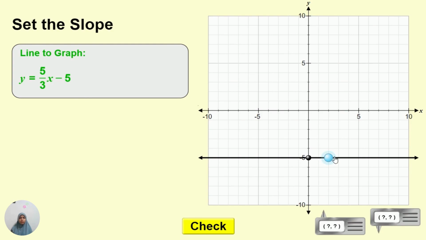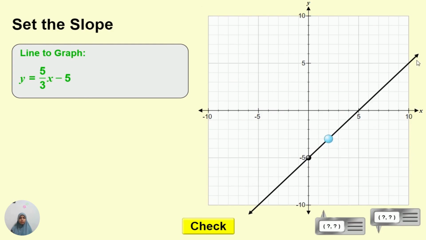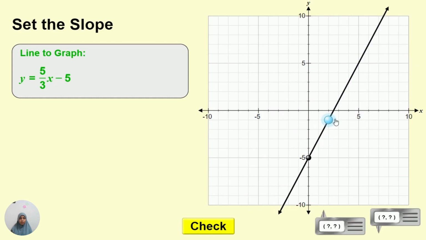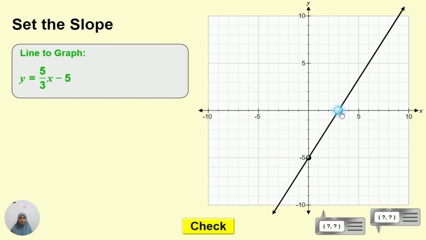So this is going to be a positive line. The rise is 5, so 1, 2, 3, 4, 5, and the run would be 3. This means that every time the y-axis value increases by 5, my x-axis value increases by 3.